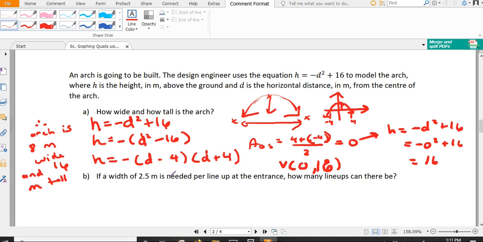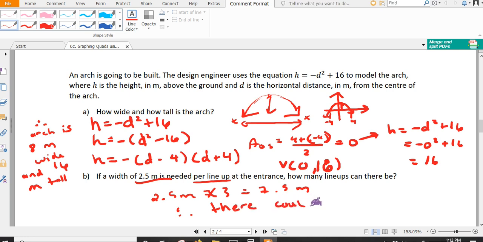Well, 2.5 times 3 is equal to 7.5 meters, right? Which is just slightly under the 8 meter width that you are allowed. So therefore, there could be 3 lineups.